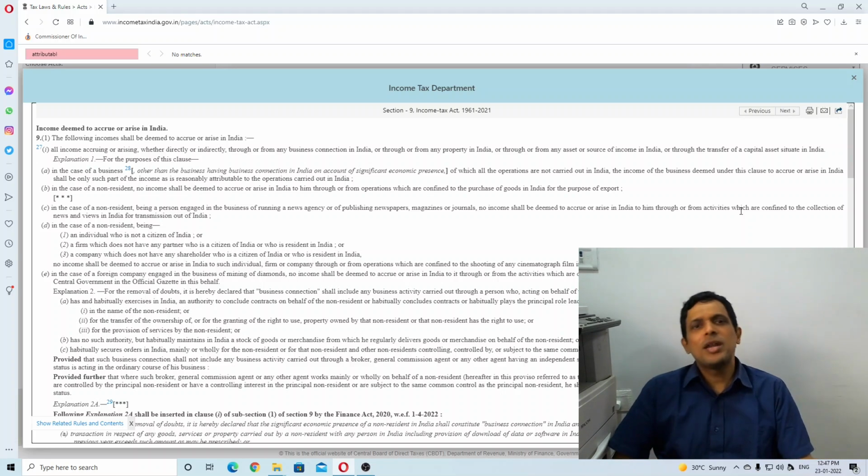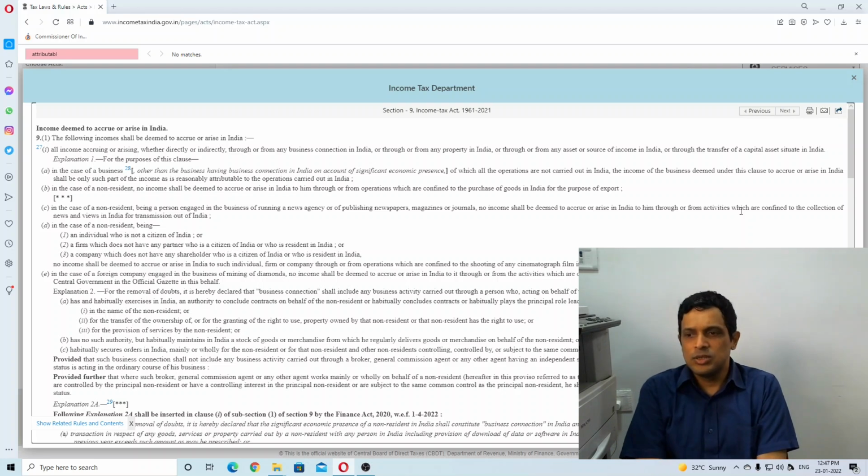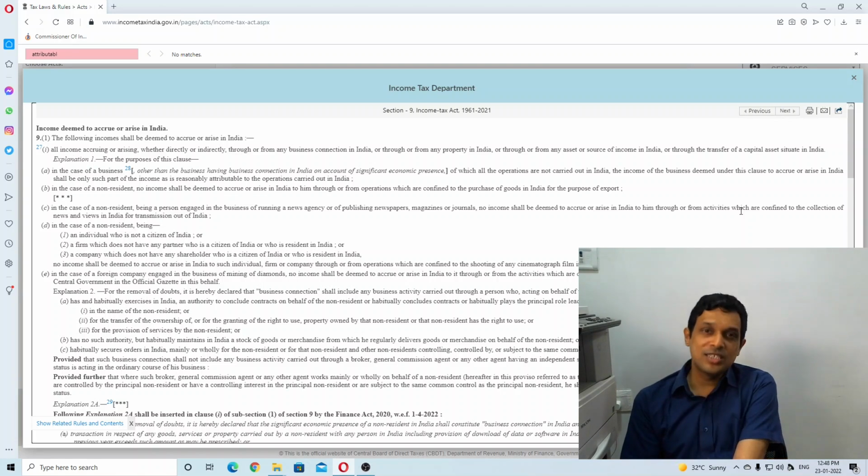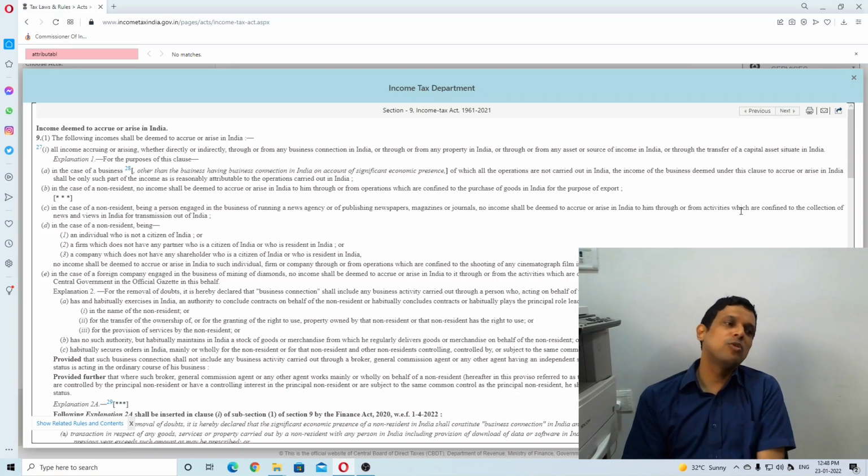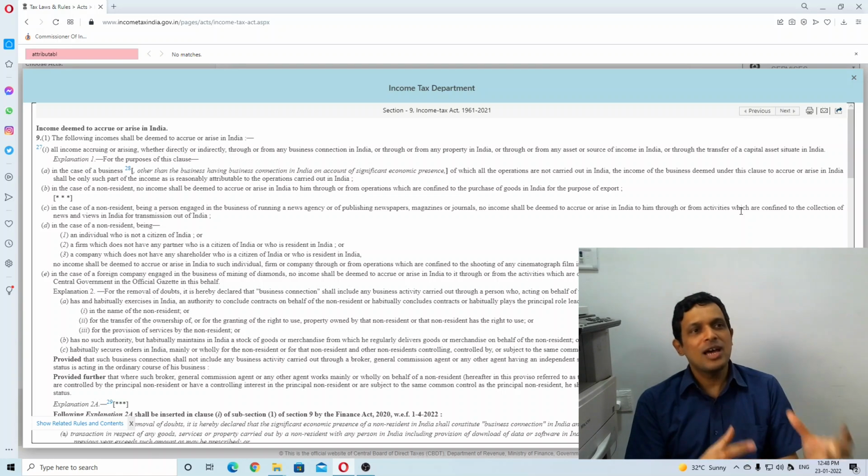So it's pretty much pari materia, and it's important to realize that this is a logical understanding of how things are in terms of taxability. So there have been changes, and we'll discuss a lot of these changes, which are interestingly brought about, for example, due to digital economy, due to virtual economy and things like that. And so no longer can you have a operation in India well defined, isn't it?